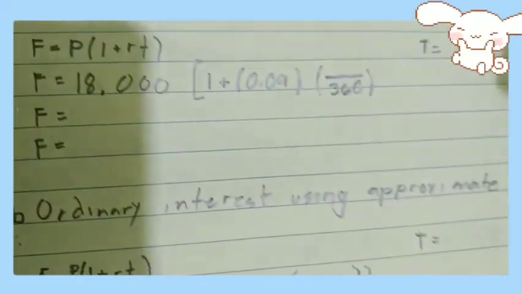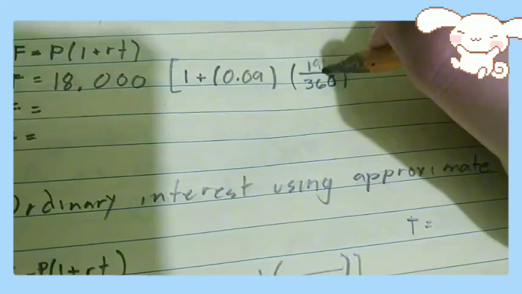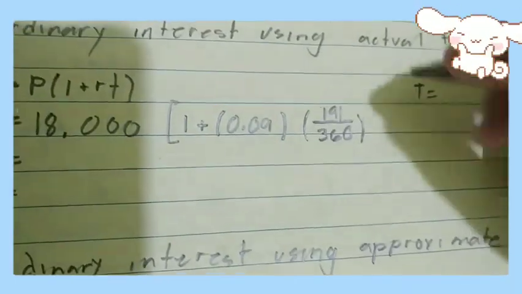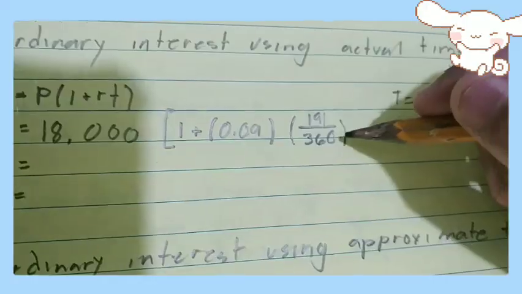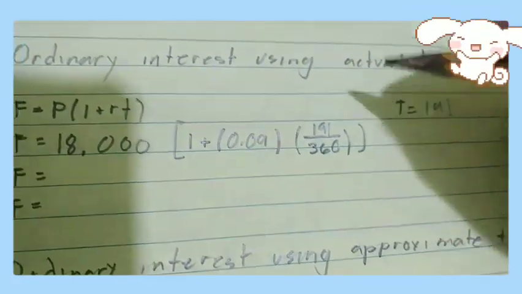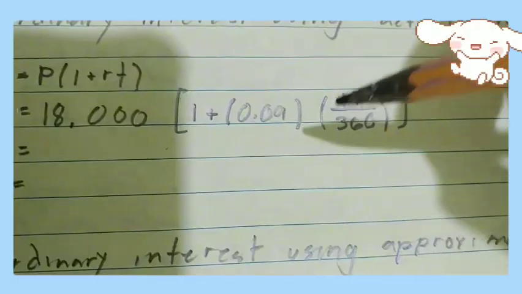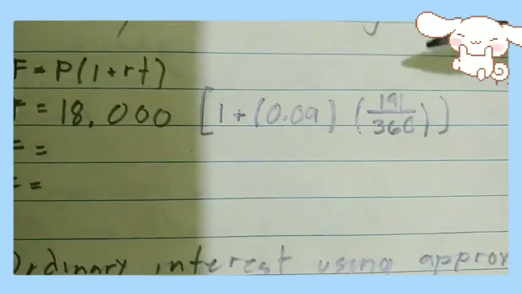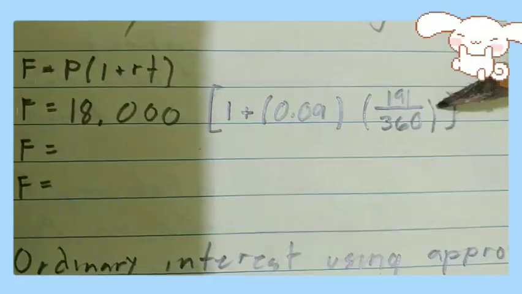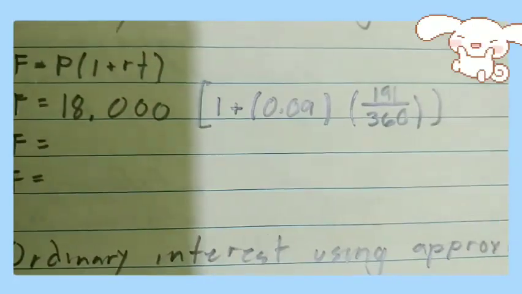Since we're using actual time, we're going to use 191, because that's our time in actual time. Close parenthesis. And as I said, in one liner you have to solve the inside first.